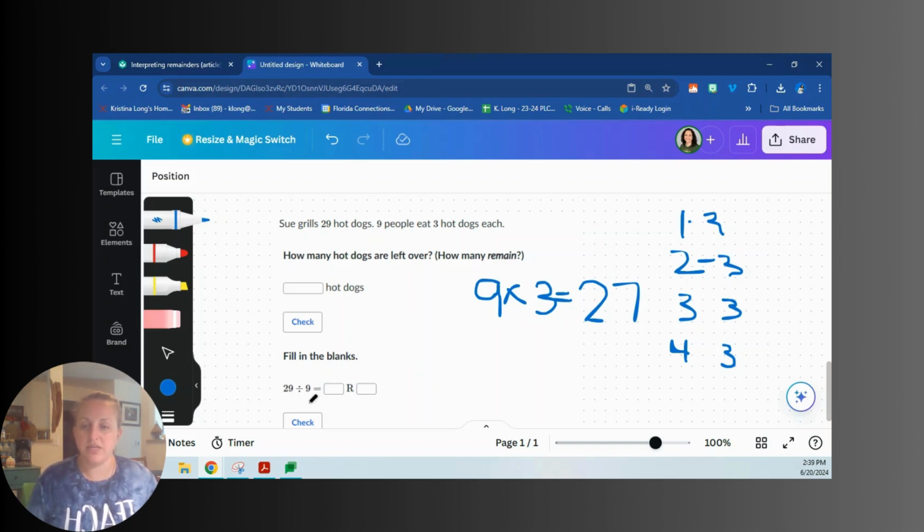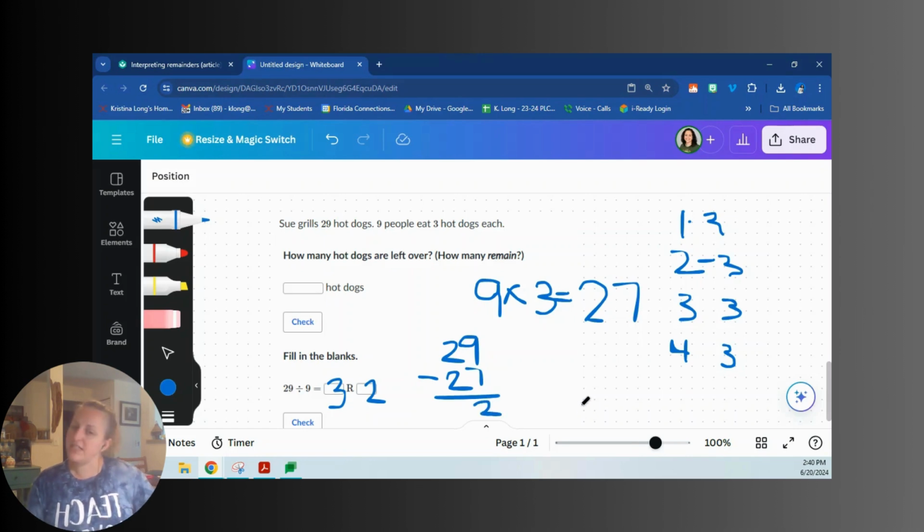I can do 29 minus 27, and we had 2 hot dogs left over. Okay, do you guys see how I did this one? Because this one's worded a little differently.